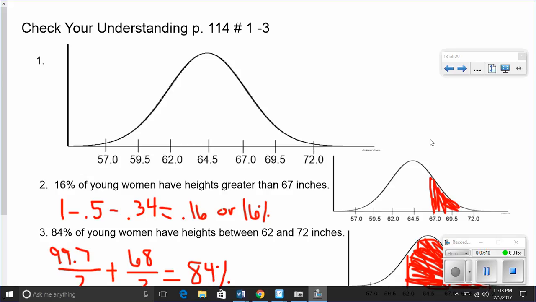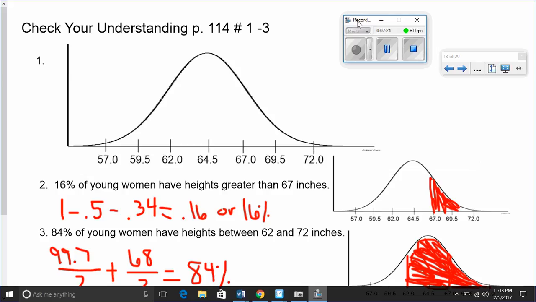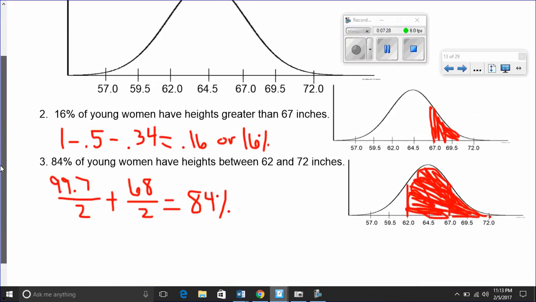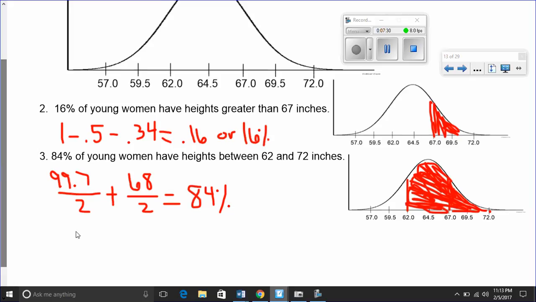The second one wanted the percentage greater than 67, so you can see what I've shaded there, and that was 16%. You can look at how I came up with those numbers as well. And the bottom one wanted it between 62 and 72, and you can see my math as well. It was 84%.